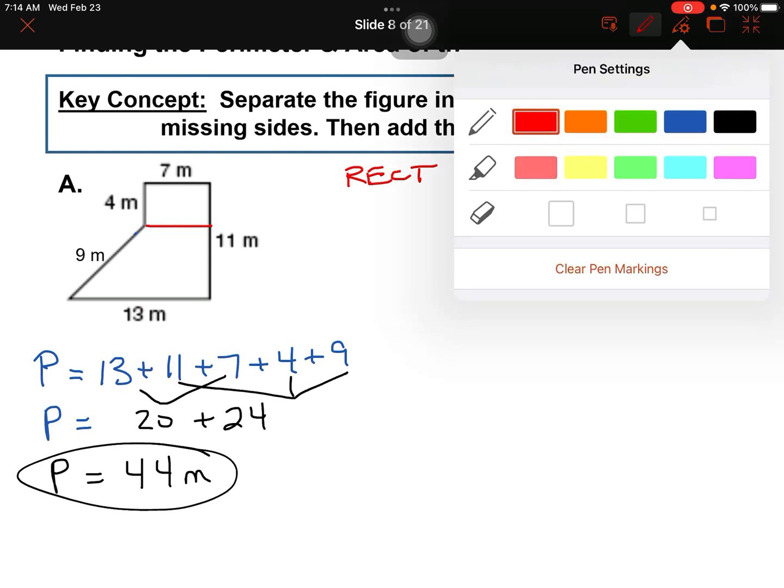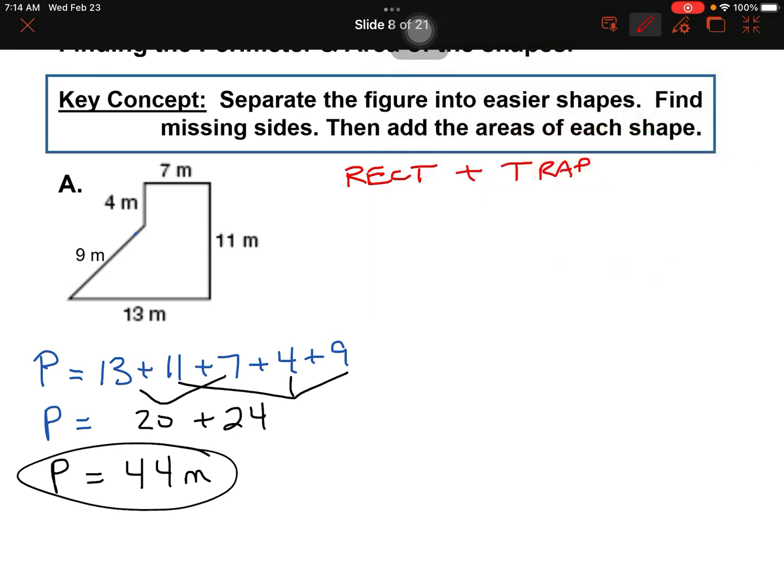That would be method 1 that some of you saw. Some of you would see it this way. I'm going to draw a line down this way, and now I have a triangle and a rectangle. I'm going to go with that setup.